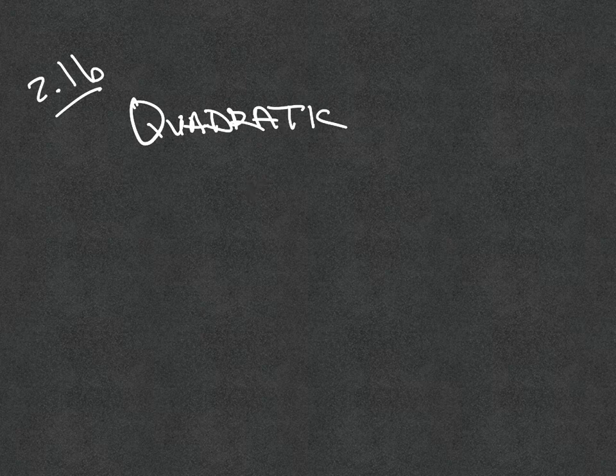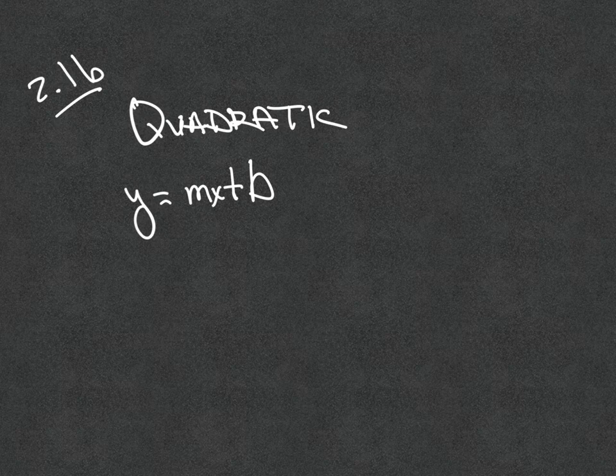Just to give you a review, linear equations in slope-intercept form look like this: y equals mx plus b. There is an exponent of 1 on the y and a 1 on the x, but that is it. There are no other exponents, which means when you graph this equation, you're always going to get a straight line.